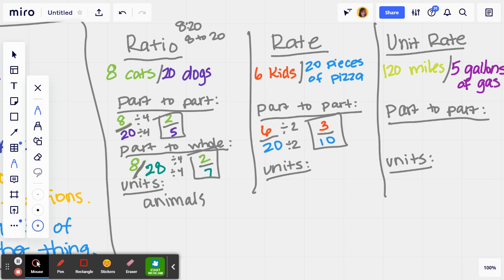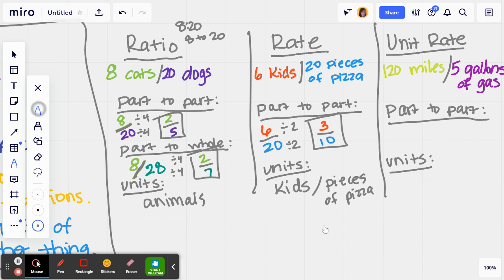So when you have a rate, you can only make part to part rates. The units that we're looking at here are kids and pieces of pizza. Those are the units. Numbers of kids and numbers of pieces of pizza.